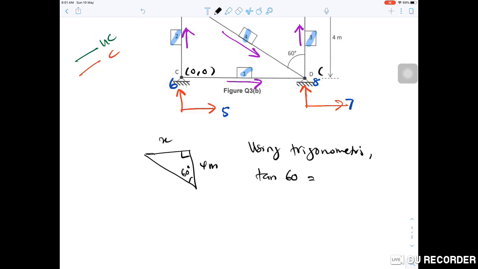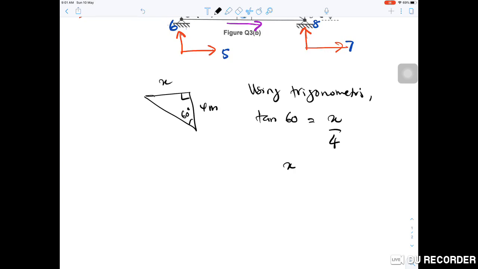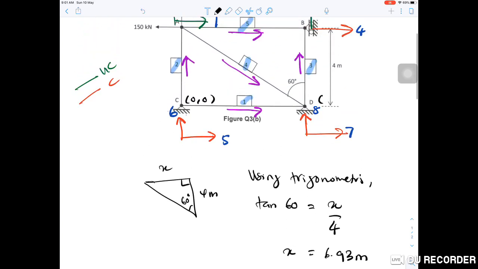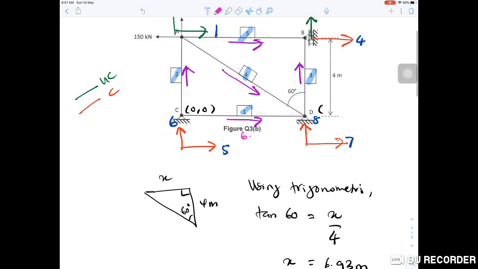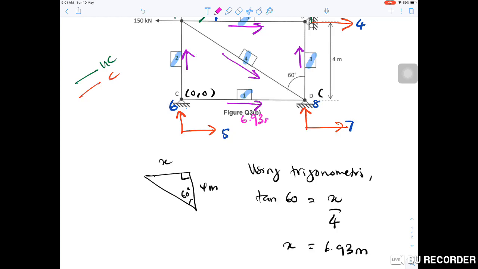Tangent 60 is equal to X divided by 4, and X is 4 tangent 60. Tangent 60 times 4. So the horizontal length is 6.93 meter. Okay, the length.